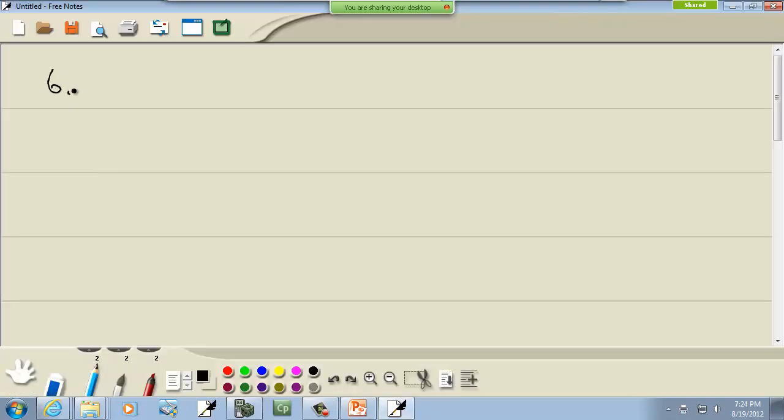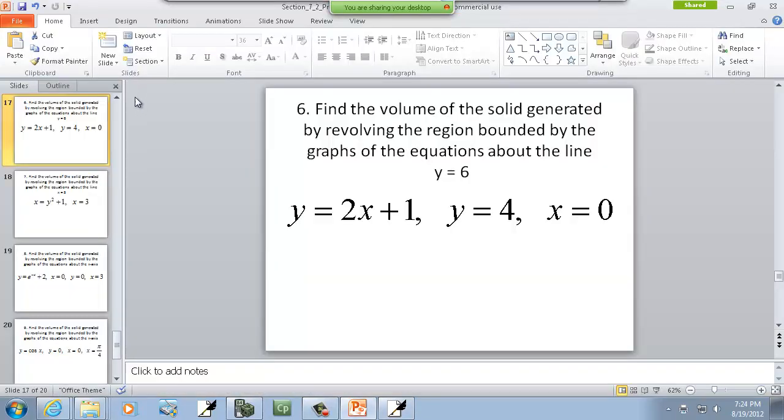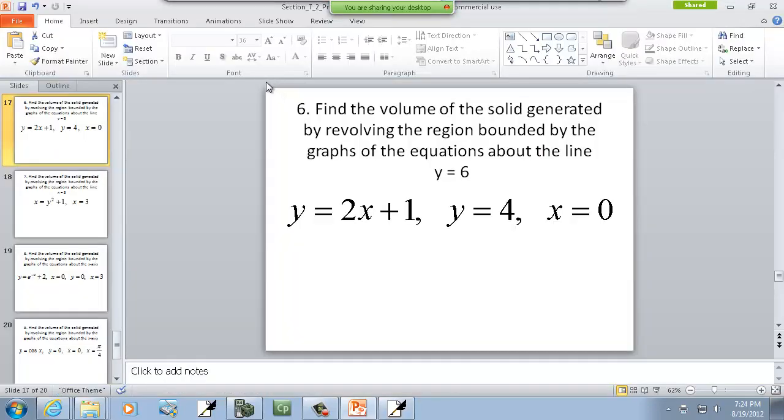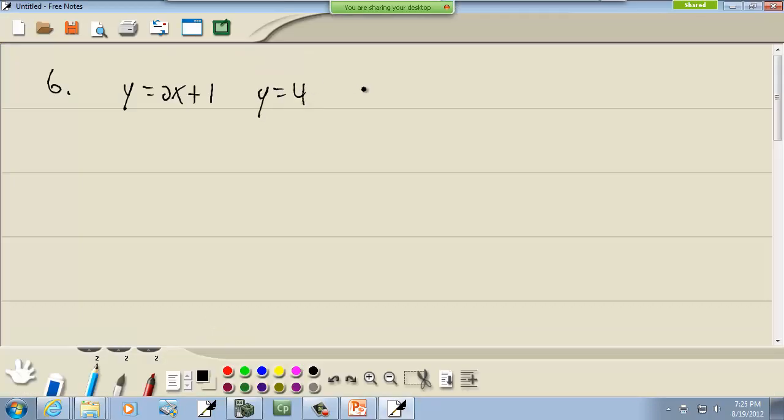Over 6. Okay, so we got y is equal to 2x plus 1, y is equal to 4, and x is equal to 0.